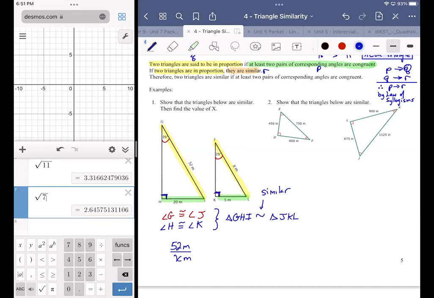So I can make a ratio out of 20 meters to 5 meters. Now, if they're in proportion, the ratios will remain consistent. As in, whatever this ratio is, that'll be the same over here. Right? So I could set them equal to one another and solve.